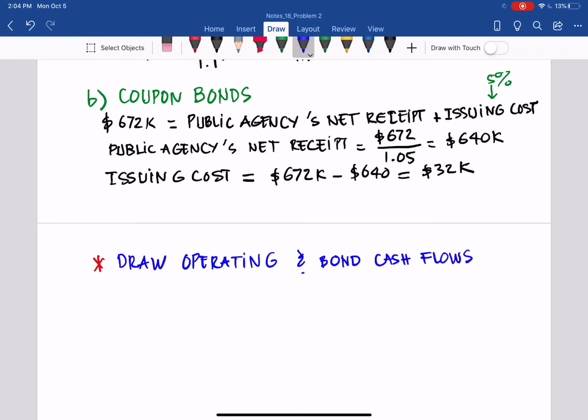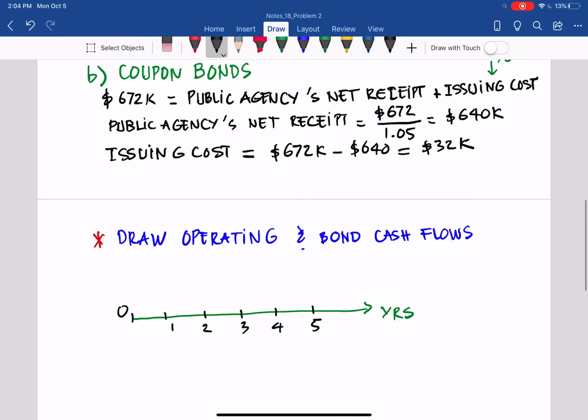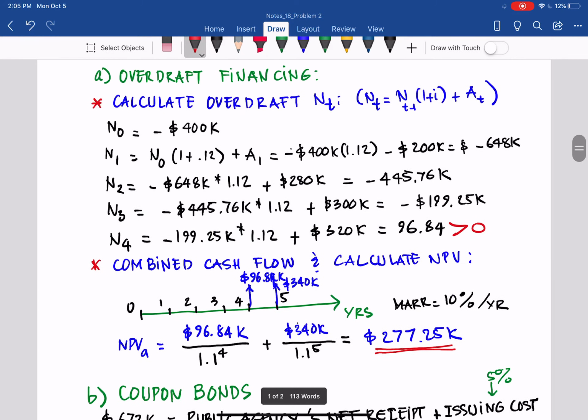So first, let's do the operating cash flow of the project. Years, 5 years, 1, 2, 3, 4, 5. For the operating cash flow of the project, at year 0 we have to pay out the construction cost of 400,000 from the table there.